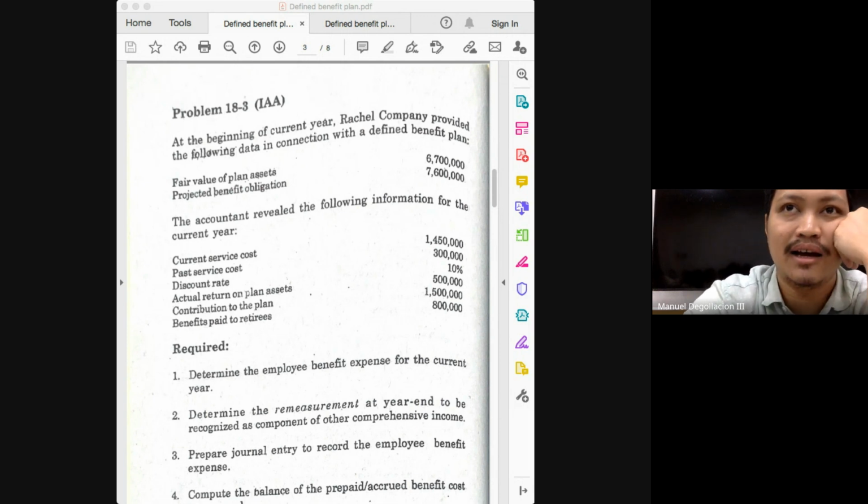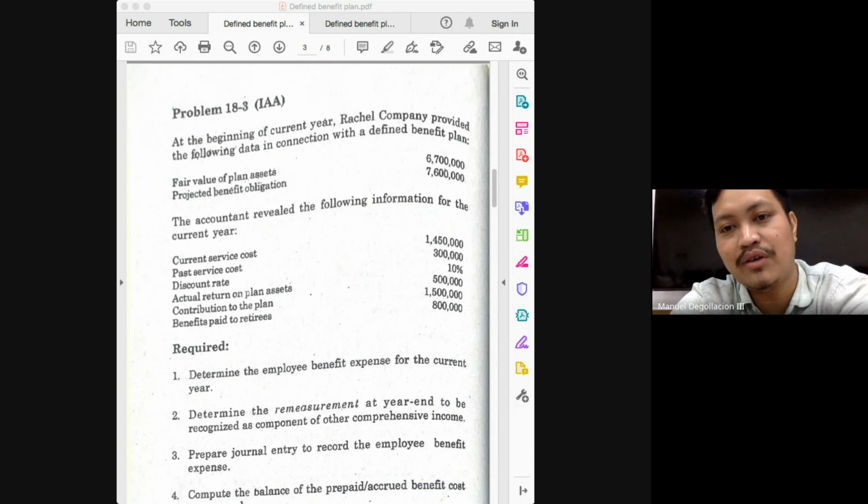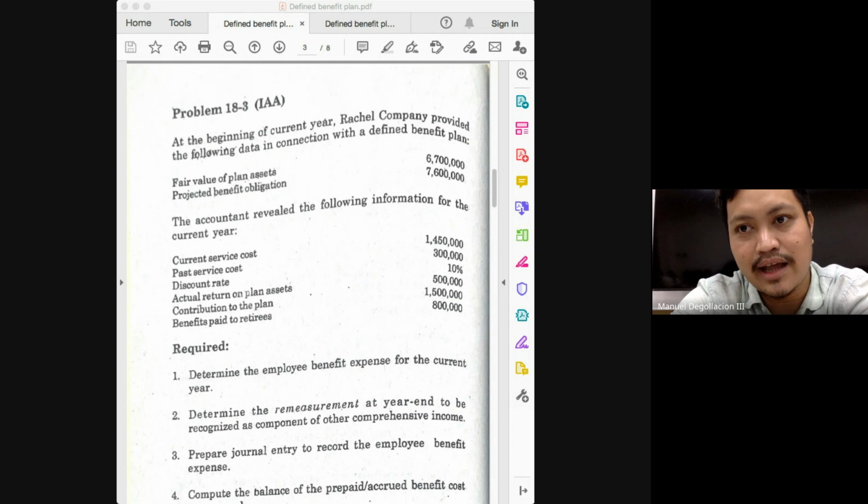This is basically the net change in your prepaid or accrued benefit cost. Since we have a beginning accrued benefit cost, and since the benefit cost during the year is greater than the contributions, we will have additional accrued liability in relation to your defined benefit obligation. So you add the 900 and the 510, you would still arrive at 1,410,000.